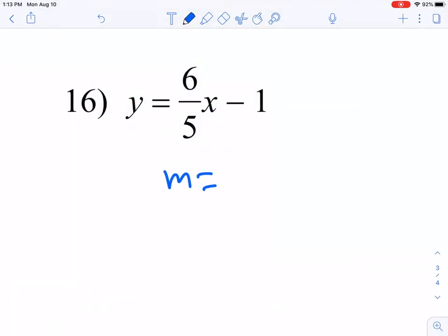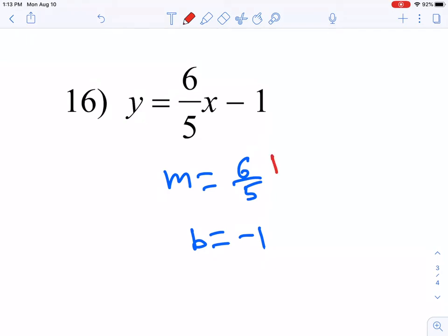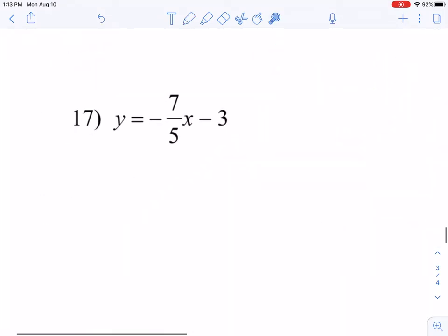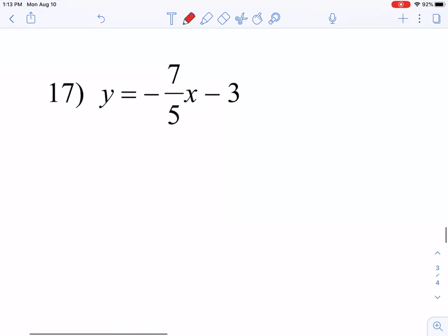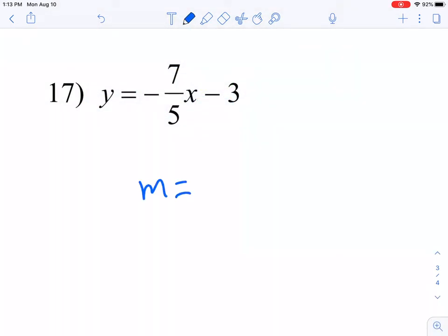I'm not going to make you write this every time. In fact, I don't know how I'm going to make you write it because we're distance learning, but this is a positive 6, positive 5. Notice that our b doesn't affect any of that. Okay, I'm just going to do a couple more. So we have m equals negative 7 over 5.